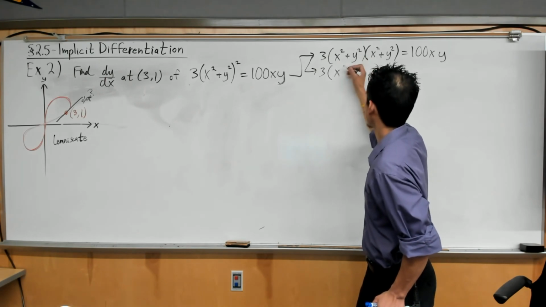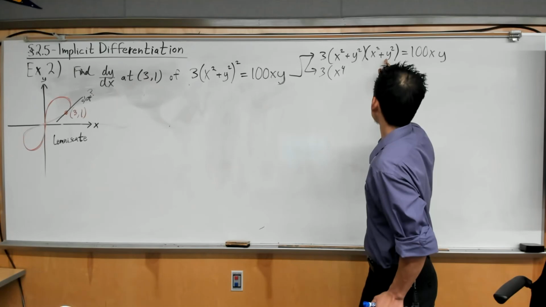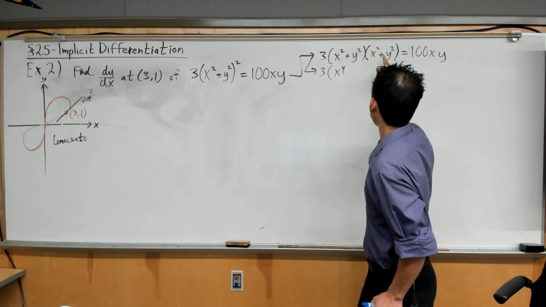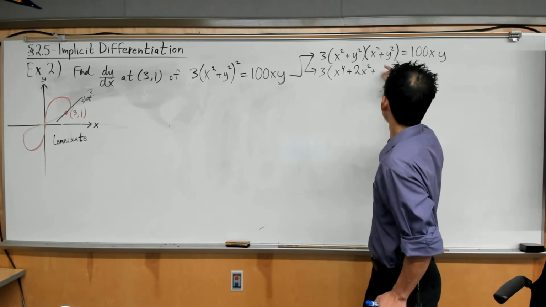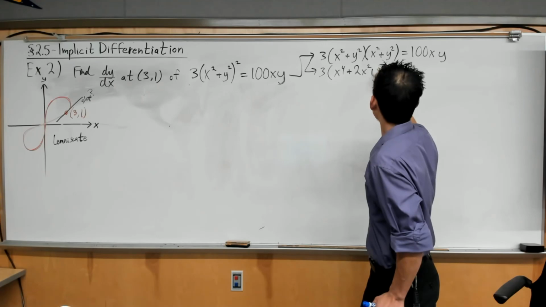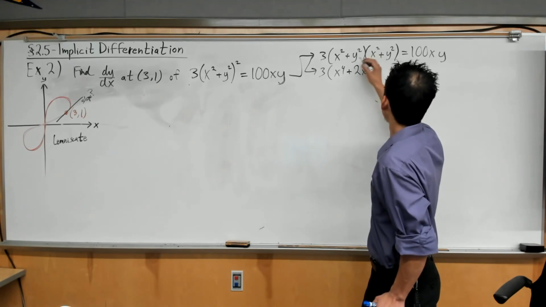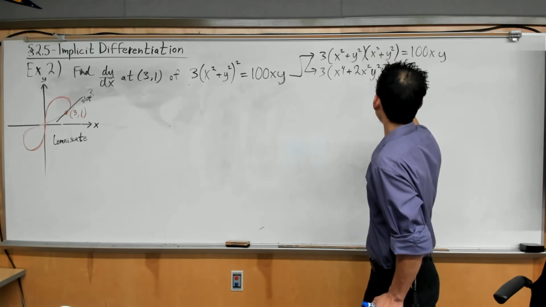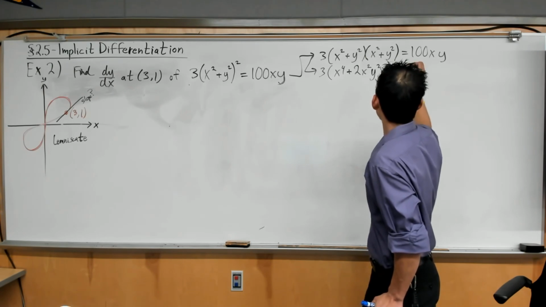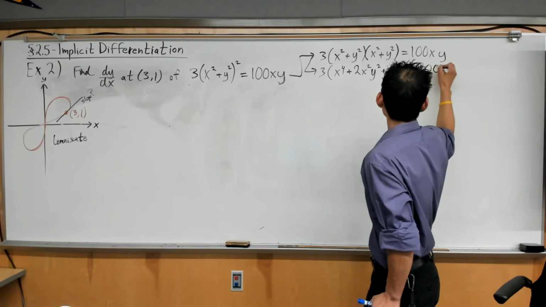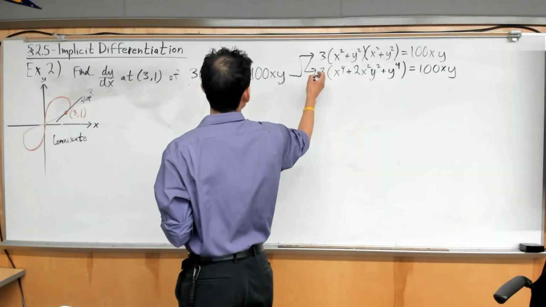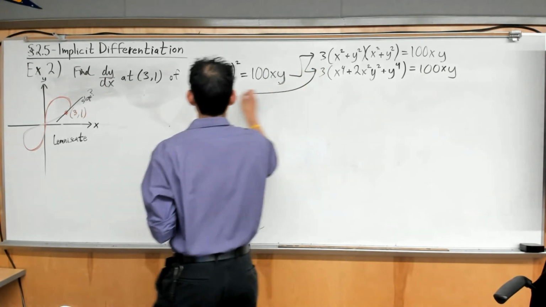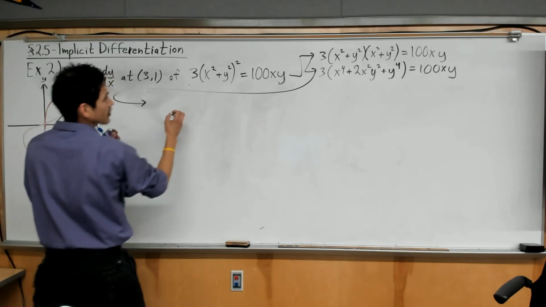So distributing, we get x to the 4th plus x squared y squared plus 2x squared y squared plus y to the 4th is 100xy. And I'm actually going to go over here, because I know it's going to be very long.